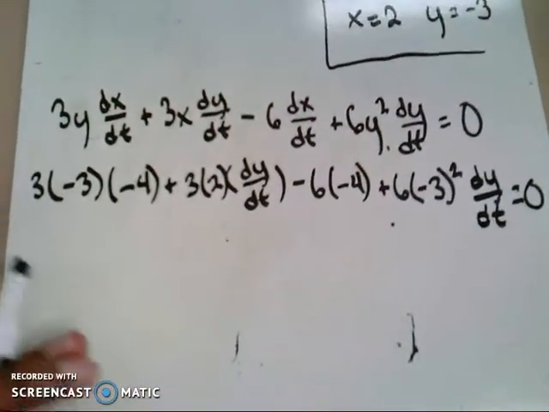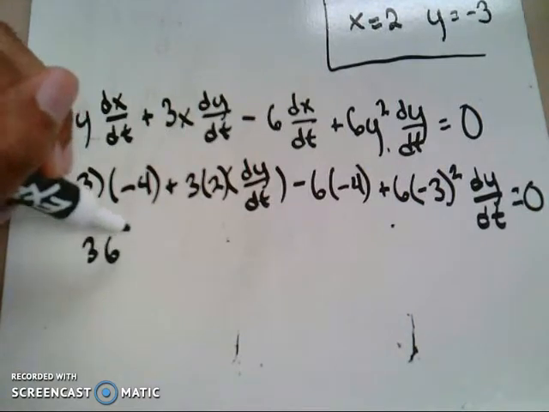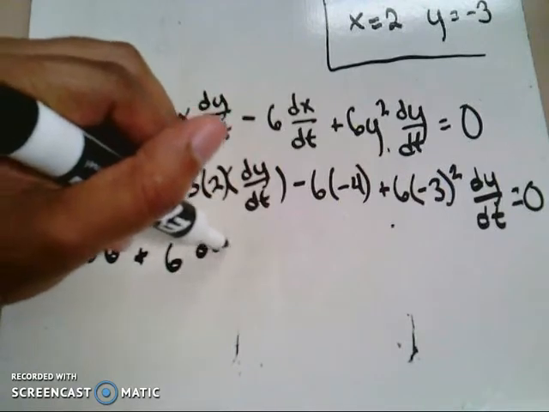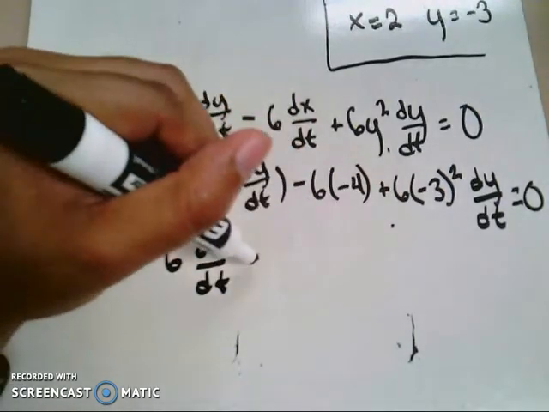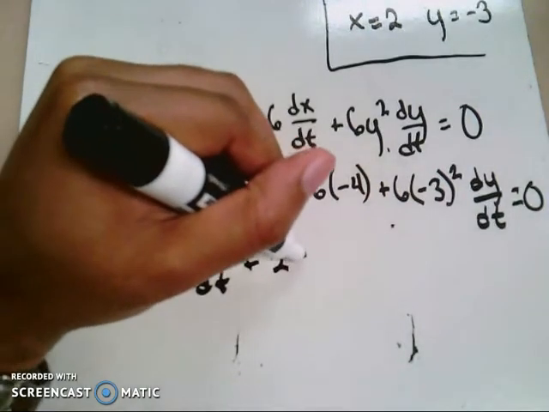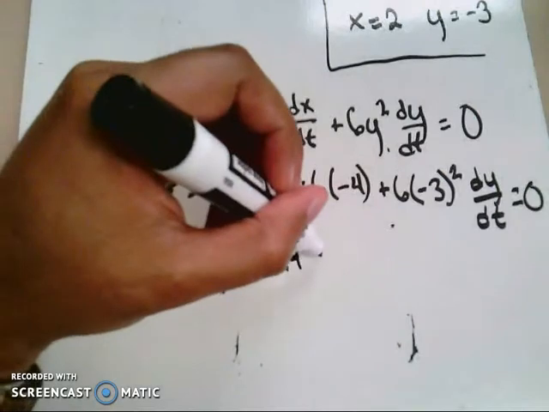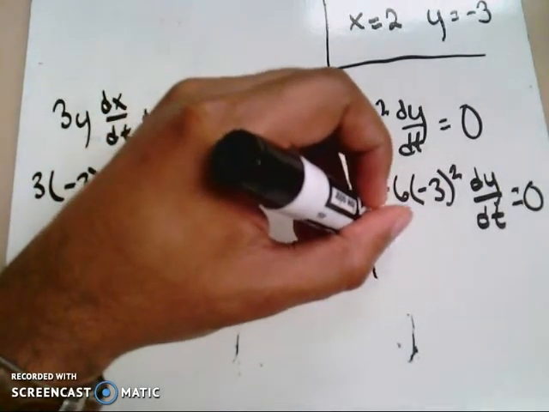So now let's see if we can simplify a little bit. 3 times negative 3 will be negative 9 times negative 4 will be positive 36. 3 times 2 is 6 dy/dt. Negative 6 times negative 4 is plus 24. And then 6 times 9 will be plus 54 dy/dt.